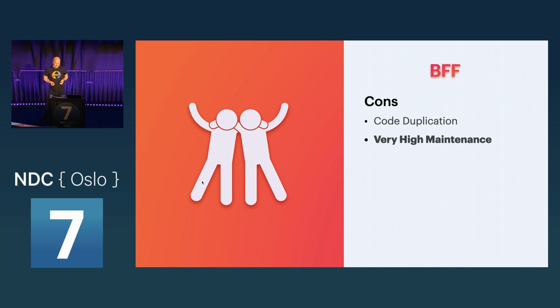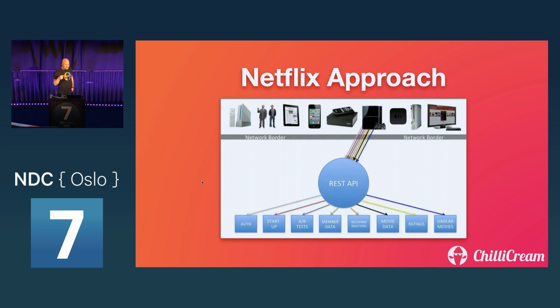Another company that actually looked at issues in this case was Netflix, because they had an even worse problem, because they had many more device types that they had to support, like TV boxes, consoles, mobile phones, and what have you. So they had the same problem, and this problem is actually that they aggregated data on the client side.